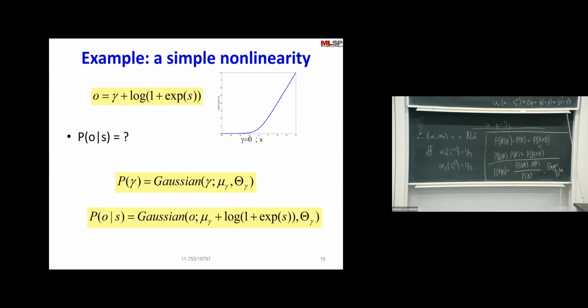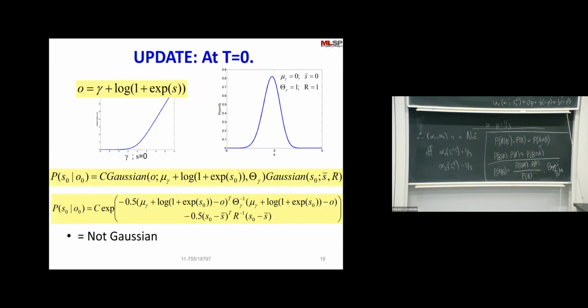And let's look at what happens when I stick this into making my updated distribution P of S given O. We very quickly see that if I look at this as a function of S, it's not Gaussian. There's some ugly shape. It has an exponential form, but it's not Gaussian. I've plotted the shape to the right, and it's not a symmetric curve. In case you can make out, it's slightly skewed, right?